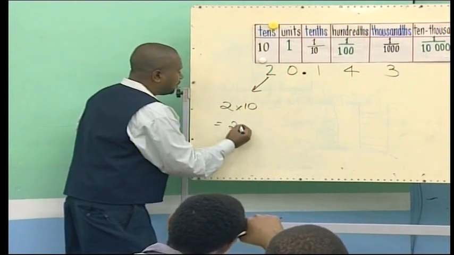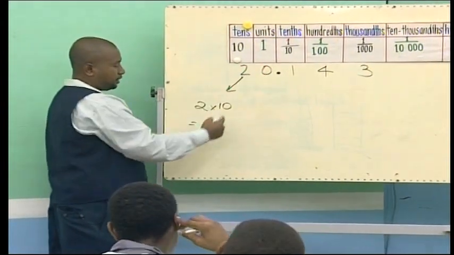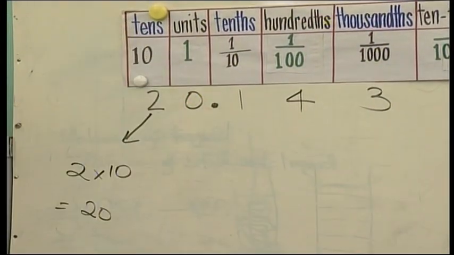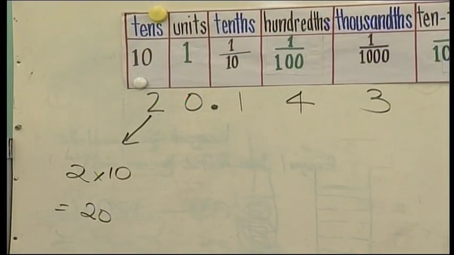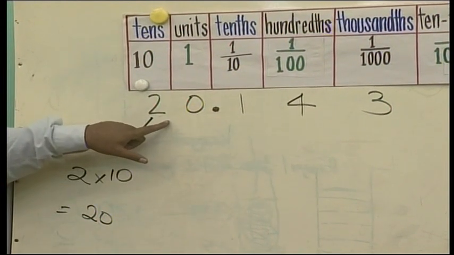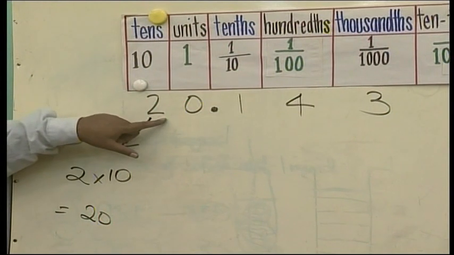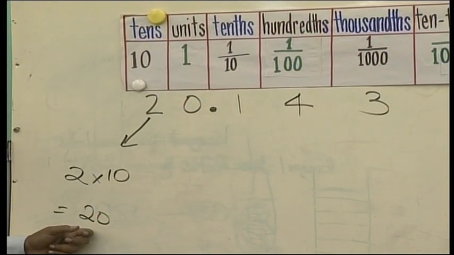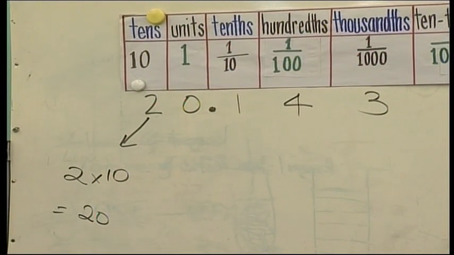So the value of this 2 is 20, or we can say 2 tens. Is that clear? We cannot say this is 2. No, because it's under the tens column, it is 2 tens, or 20. The value of it is 20.